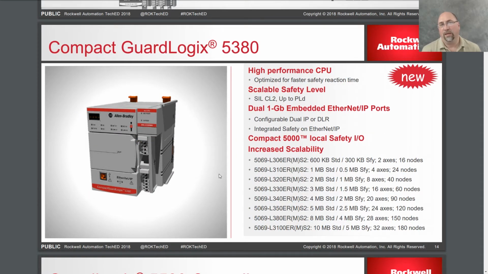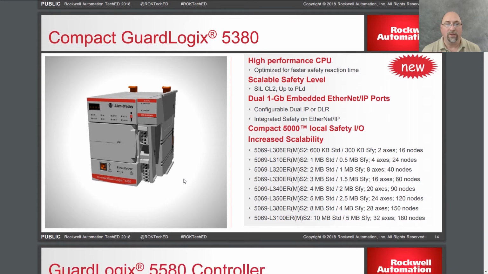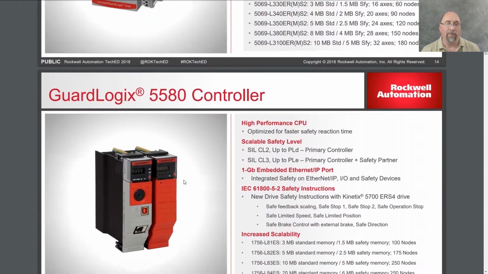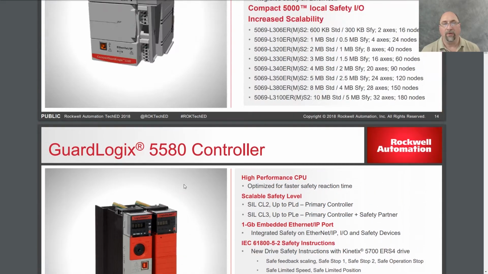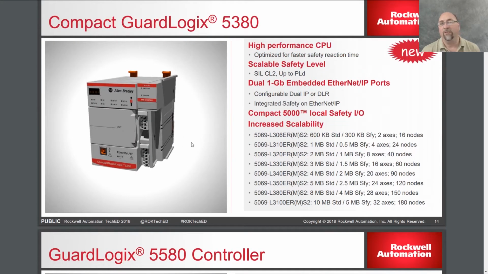One thing that I think a lot of people will like, though, are these new GuardLogix options, because not only is it an updated Compact GuardLogix, the 5380, but they also have a 5580 GuardLogix as well. But they're also making 5380 I/O for this guy as well.